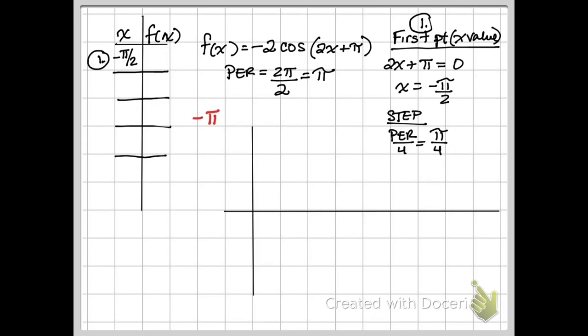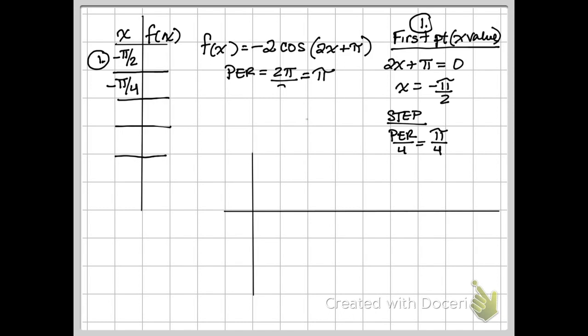Negative pi over 2 plus pi over 4 is equal to negative pi over 4. So I started with negative pi over 2, and then I stepped pi over 4, and I ended up at negative pi over 4. That's how we're finding the next point, negative pi over 4.